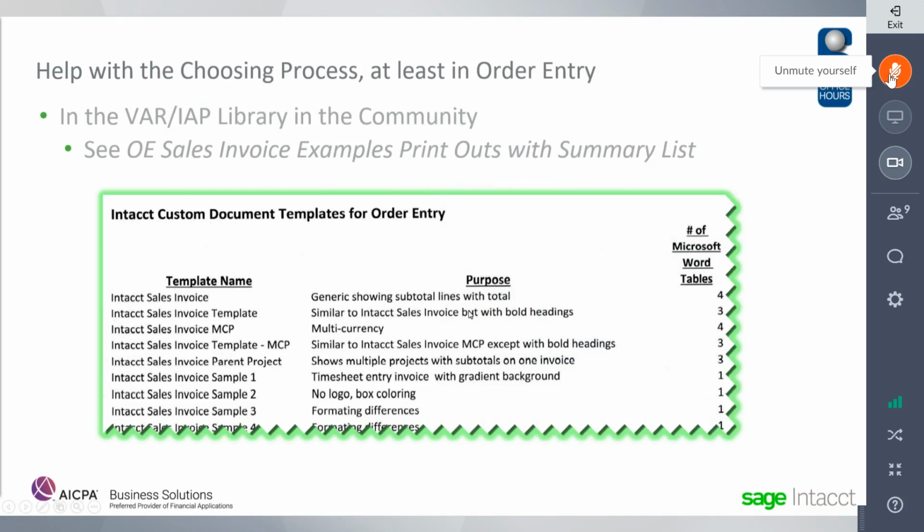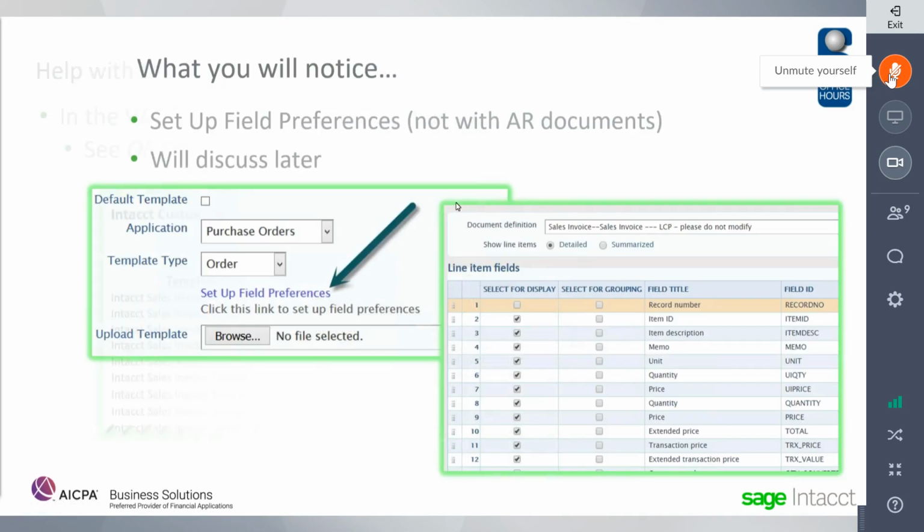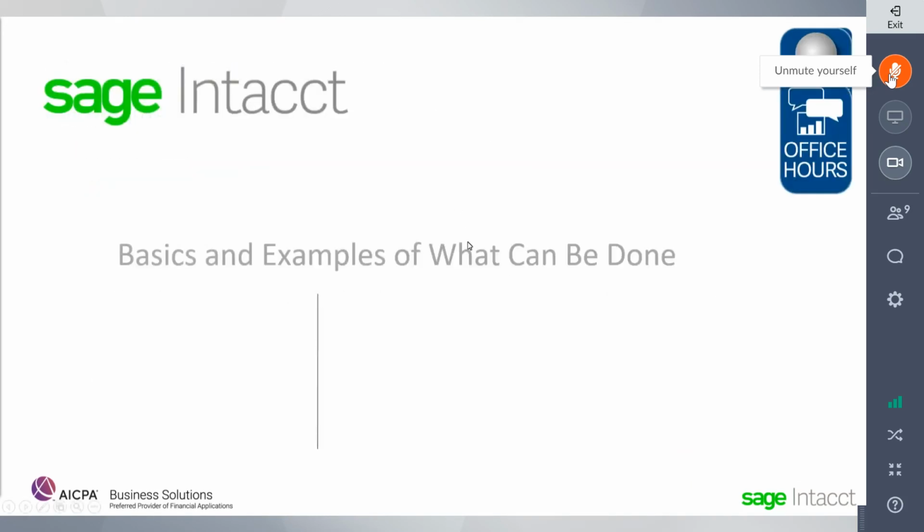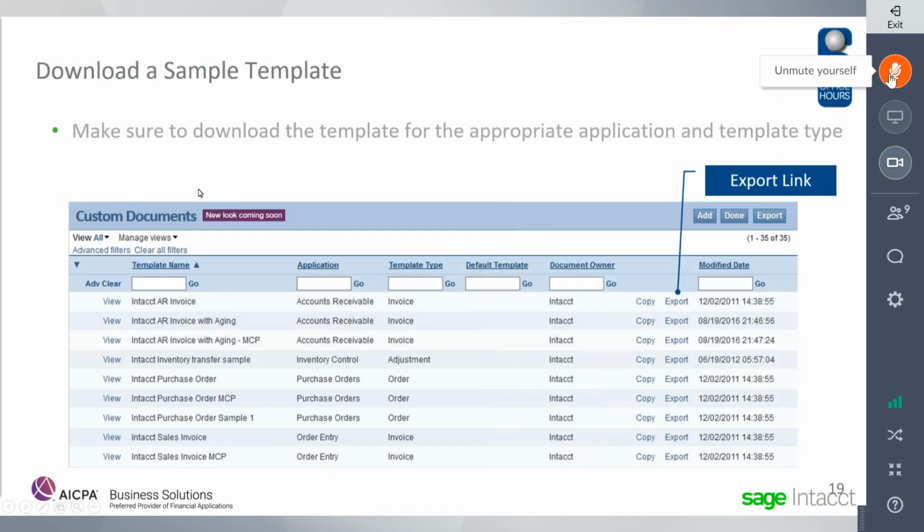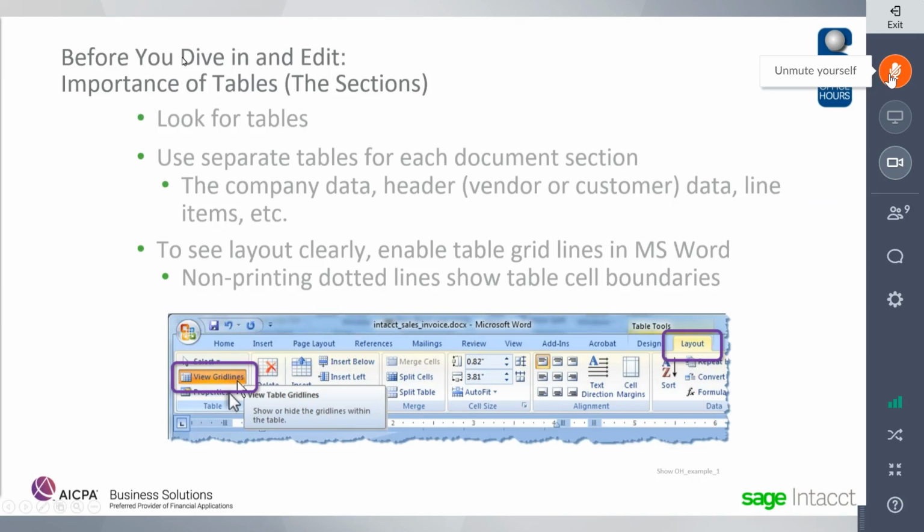This is going to that list I showed y'all that shows all the different samples. Okay. So once you find it, you would click the export button, we dive in and edit, importance of the table, look for tables.